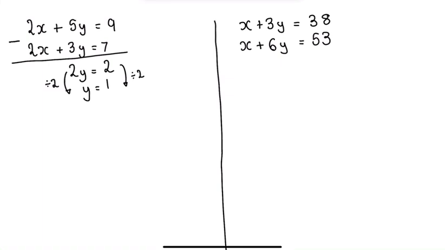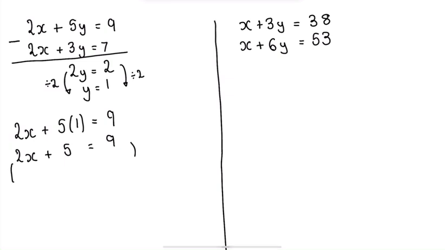Now the way that we do this is we just pick one of the equations to substitute it into. So let's go for the top one. I've got 2x, I don't know what x is, plus 5 lots of 1 equals 9. So I've just substituted in y for 1. Now if I work that out, I know that 5 times 1 is 5, and that is equal to 9. Now we can solve this to find x.